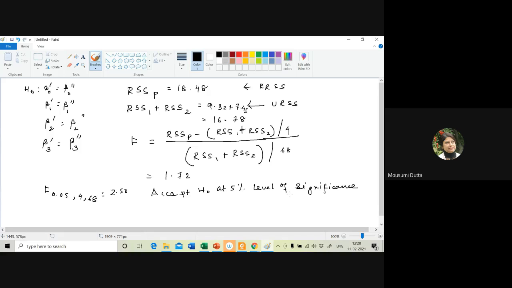Test the hypothesis that the sample relationship holds in both urban and rural area. Suppose your X is income and Y is consumption. So the question is whether marginal propensity to consume is identical and the starting point is identical in urban and rural areas. So this is the question. Okay.